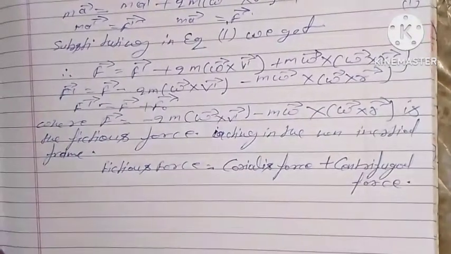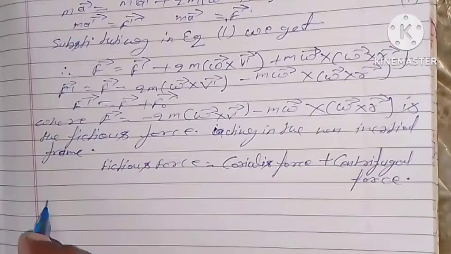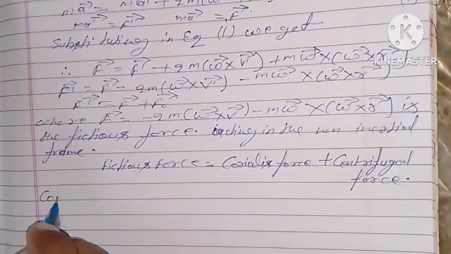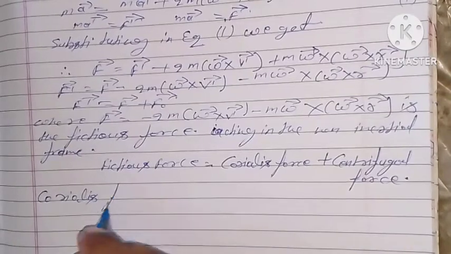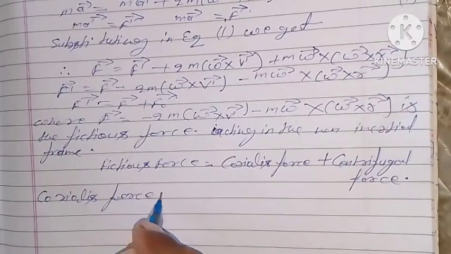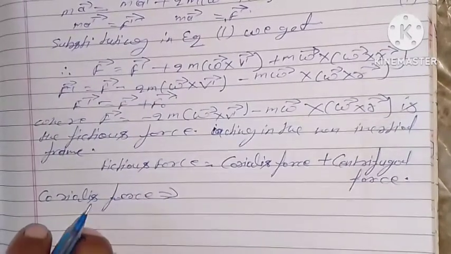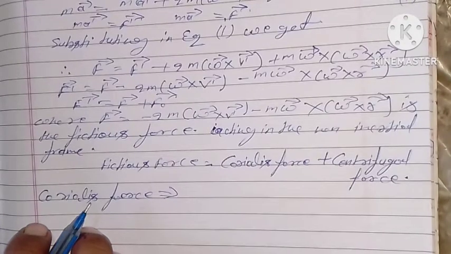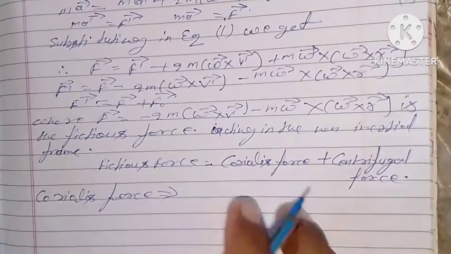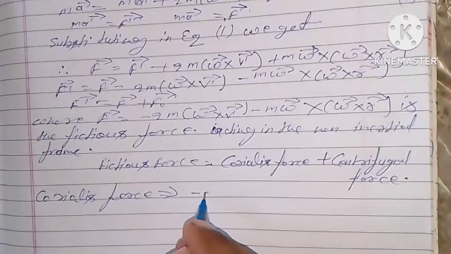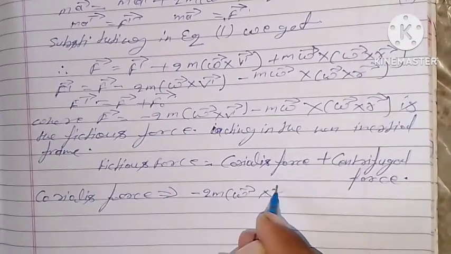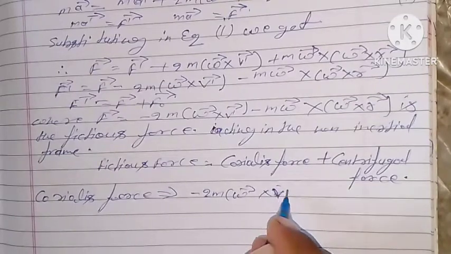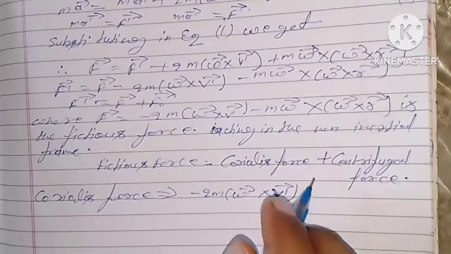Coriolis force. The Coriolis force is given by minus 2m omega vector cross vector v dash.